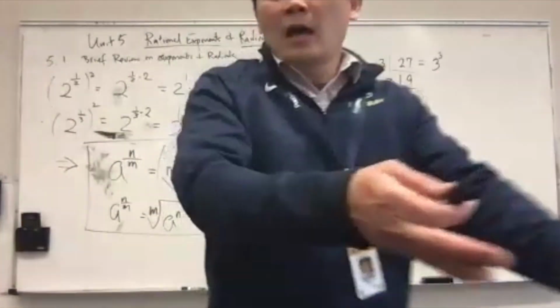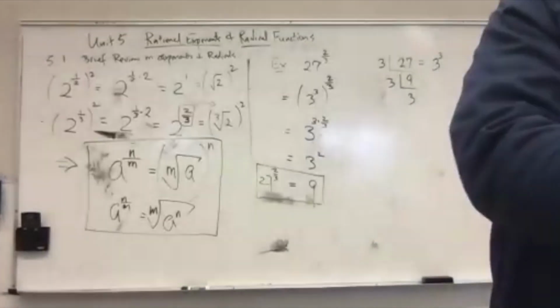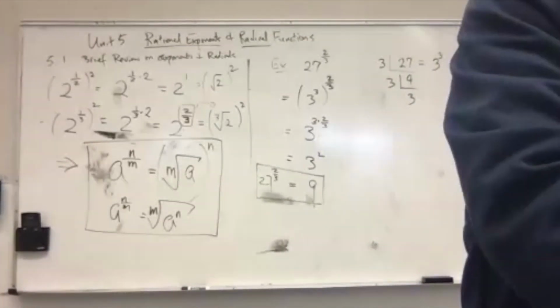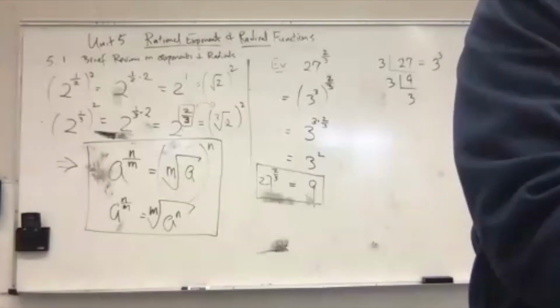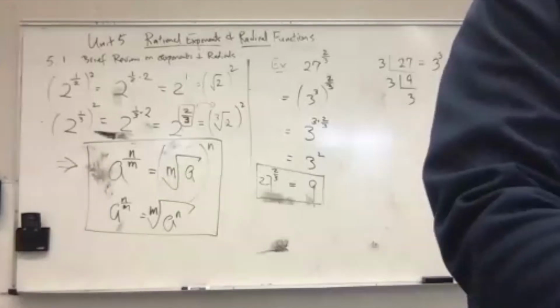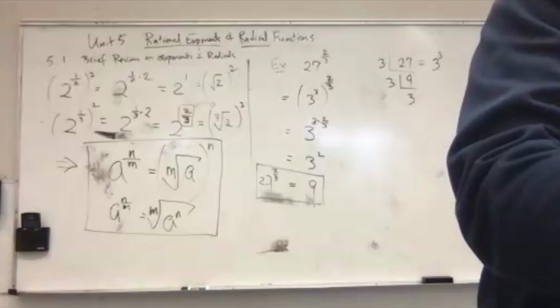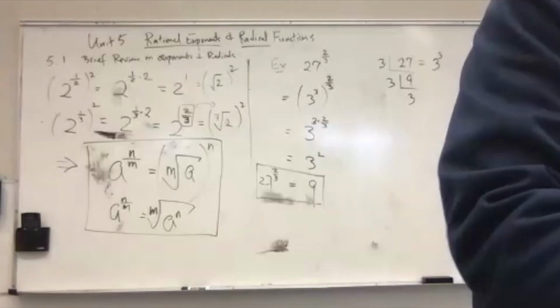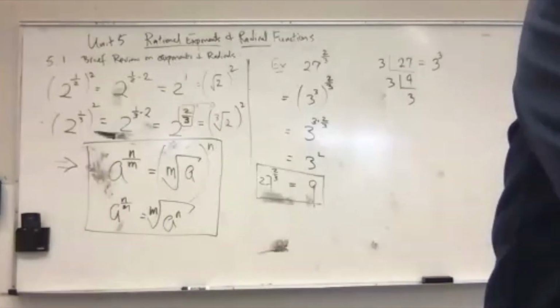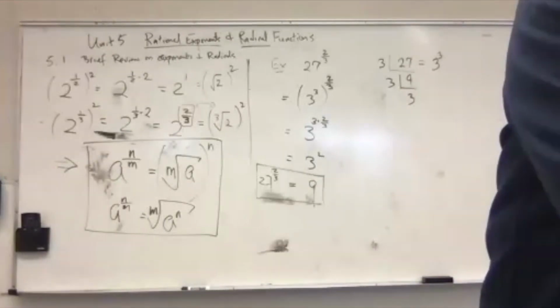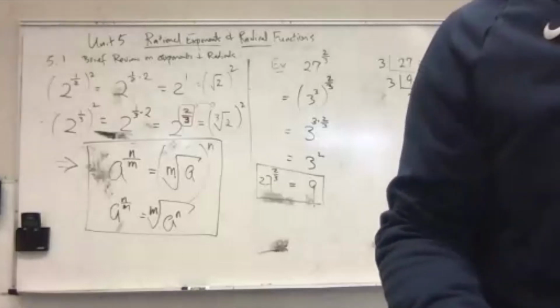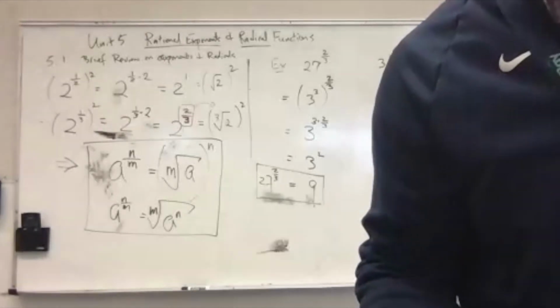You will get that in the back of the section in the textbook where they will give you, for example, 75 to the 3/5 power, right?